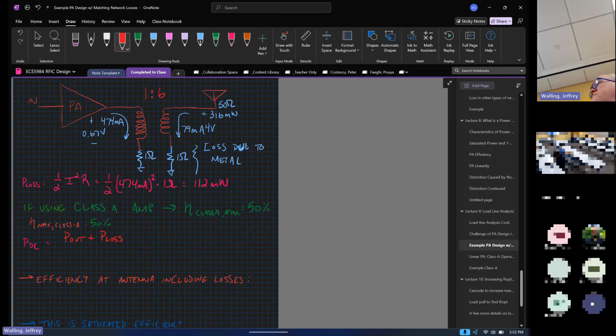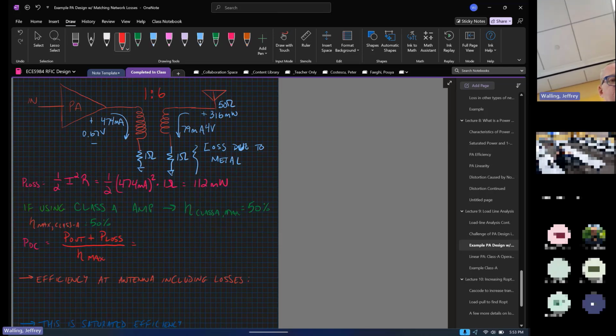All right, so we have the output power plus the loss power. This is what we have to support in order to put 316 milliwatts at the load, and the efficiency of the amplifier is only 50%.